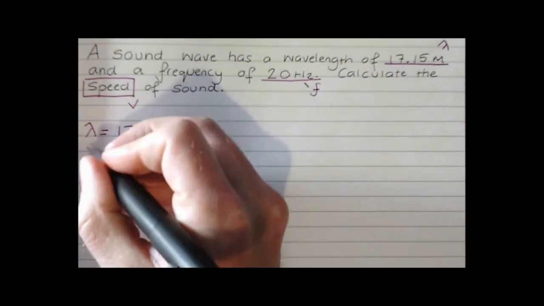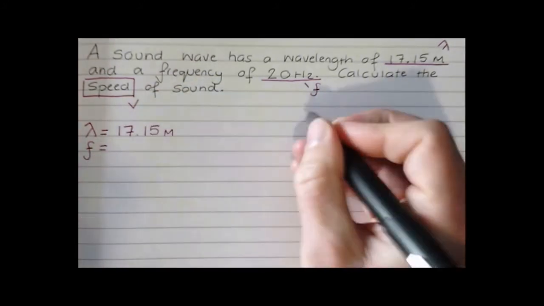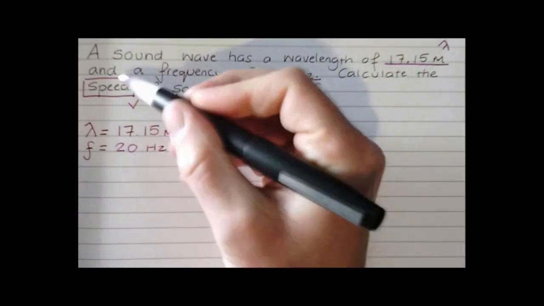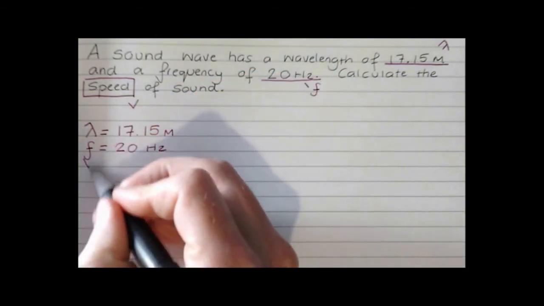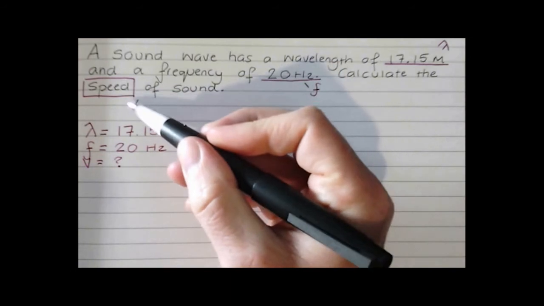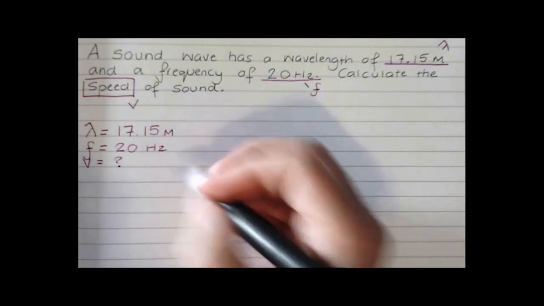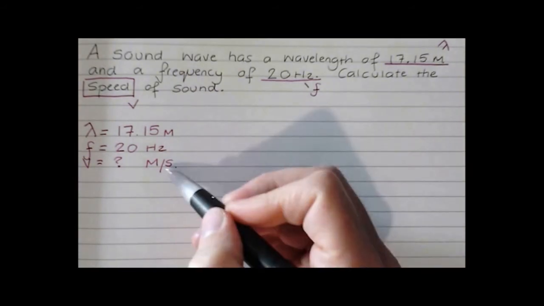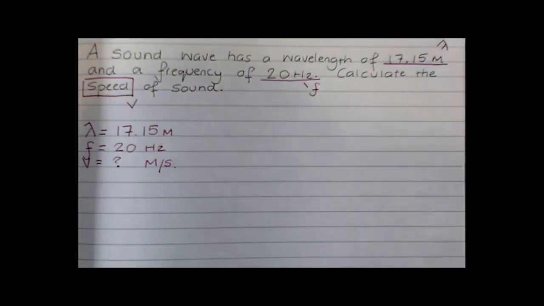The frequency is 20 hertz, and the speed is unknown, so we'll put a question mark in there, but we should put the unit as well. Anything that's speed, remember, our answer will be in meters per second, so we might as well put that in there so that we can check it when we get our answer.